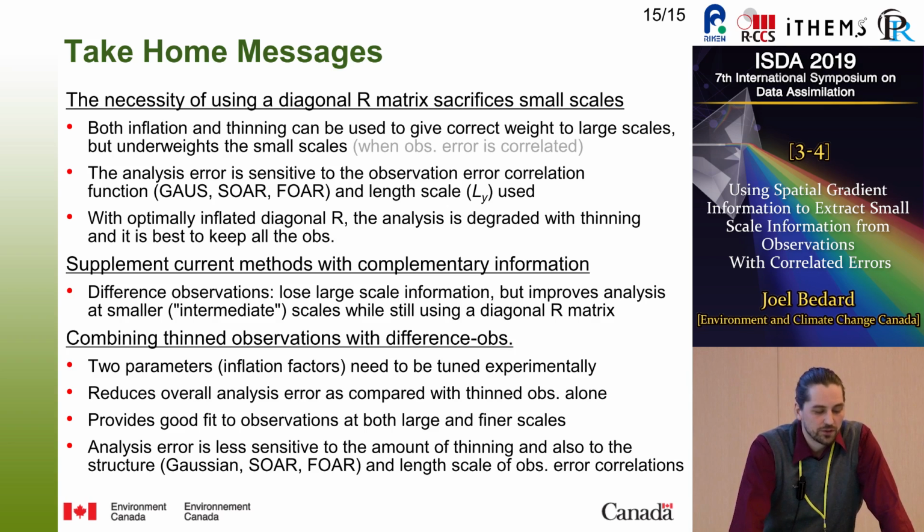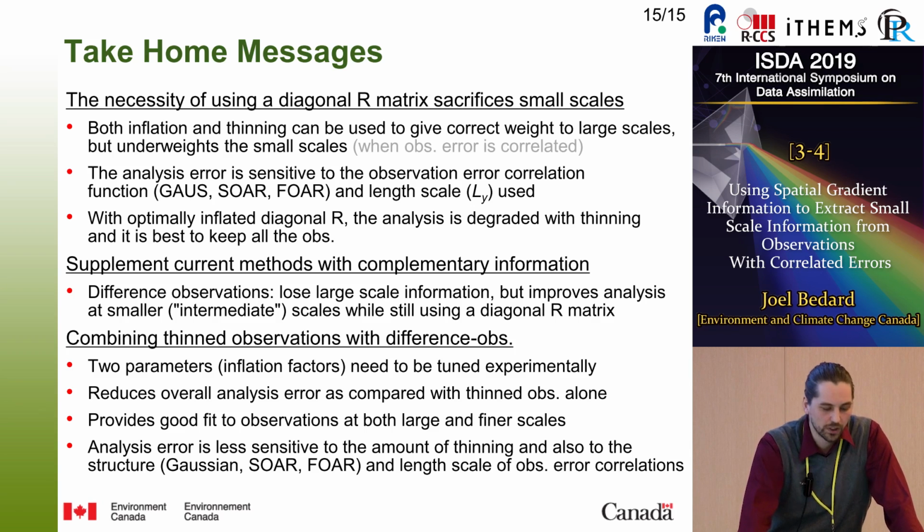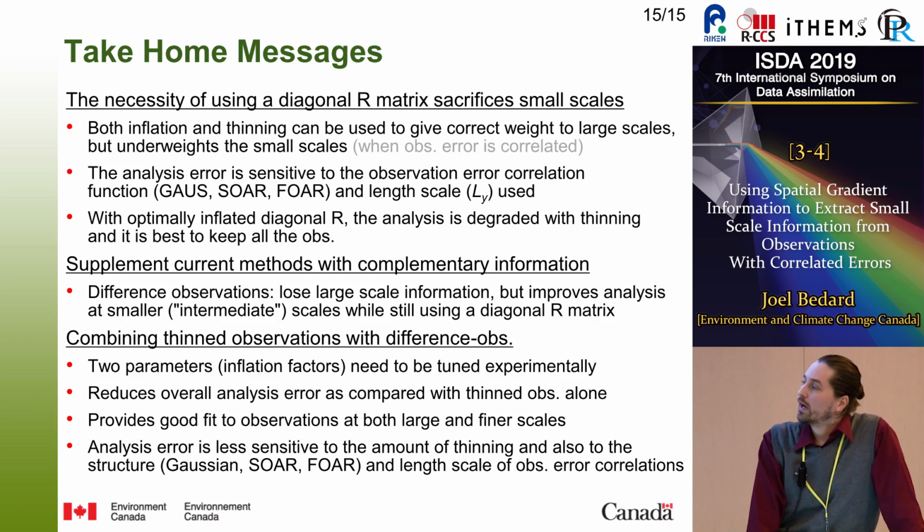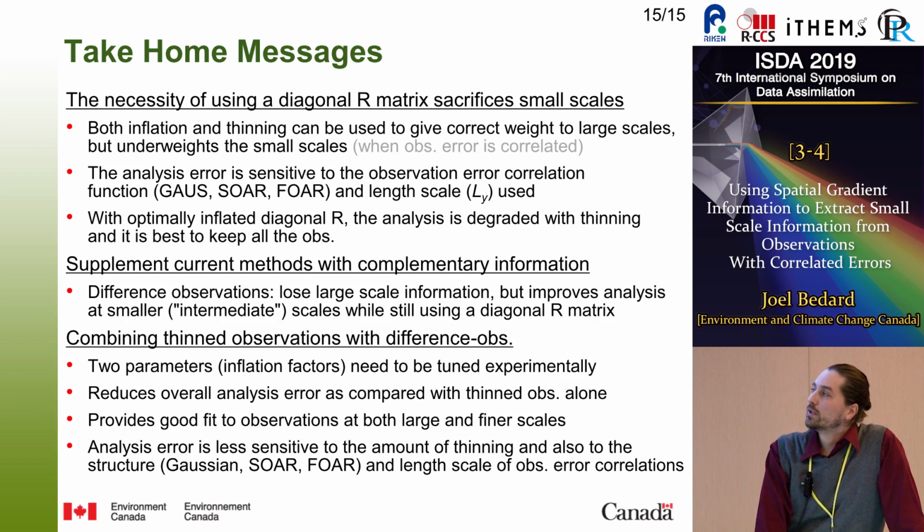Something I haven't shown in this presentation is that the analysis error is very sensitive to the observation error correlation function, whether I use Gaussian or first order, and also very sensitive to the length scale. But something I learned from these experiments is that with an optimally inflated diagonal R, the analysis is degraded with thinning.